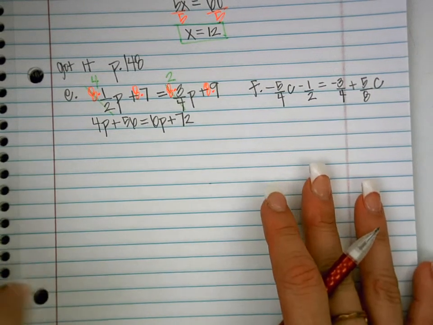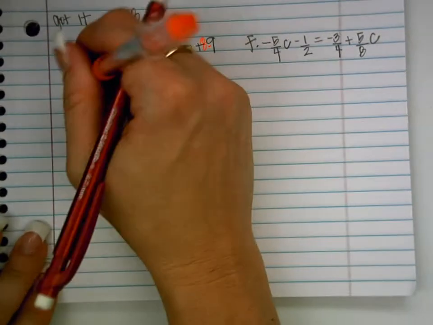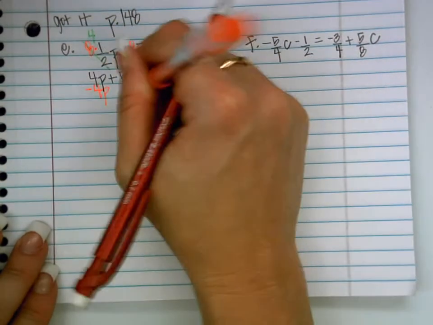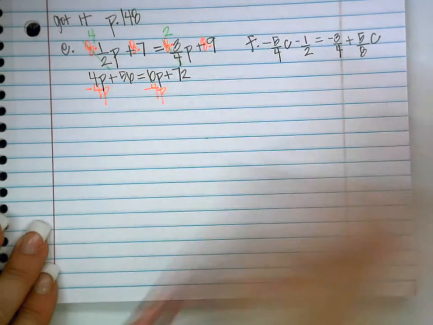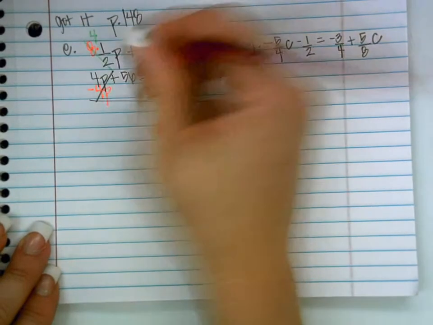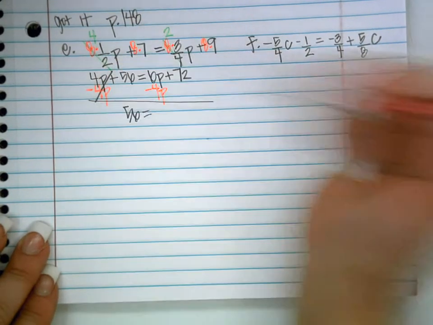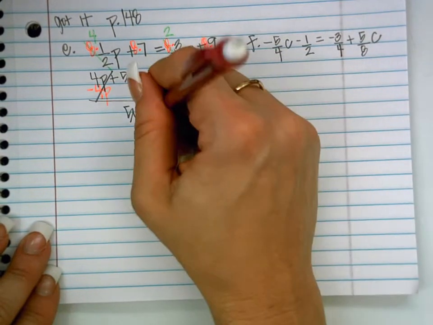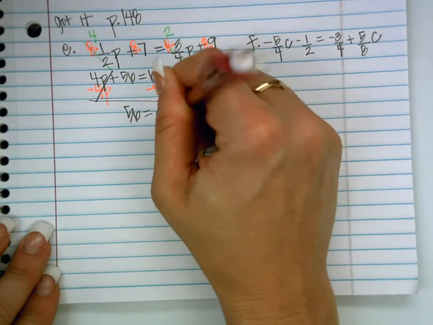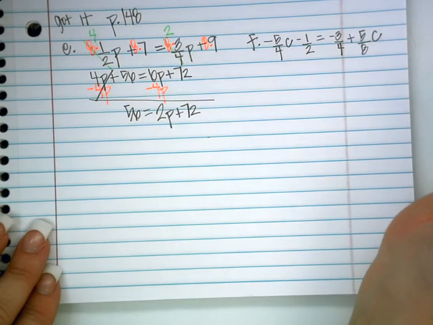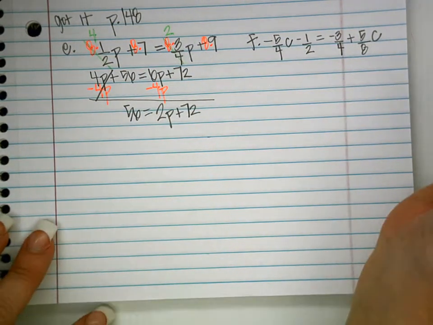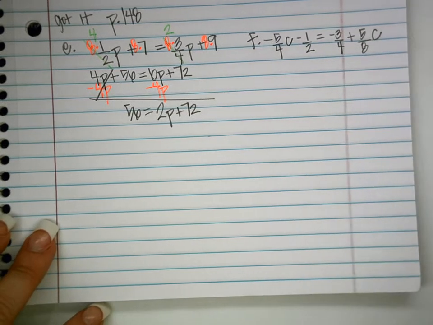You want to move the 4p first. So subtract the 4p. These eliminate. You get 56 equals 2p plus 72. Then what? Subtract the 72.